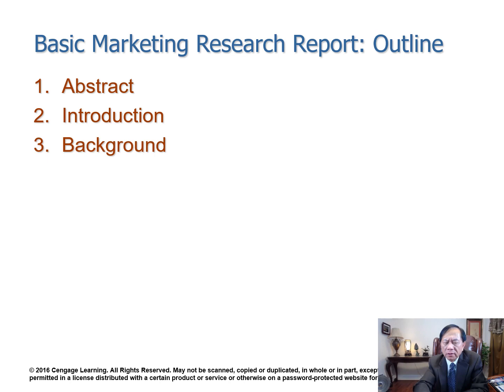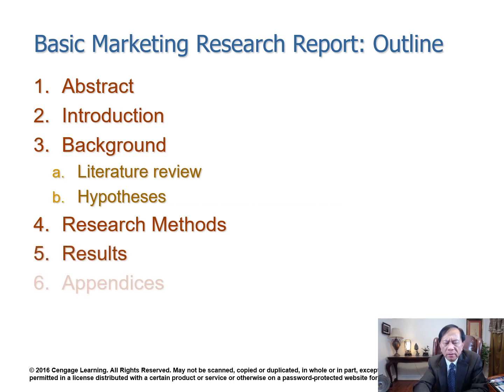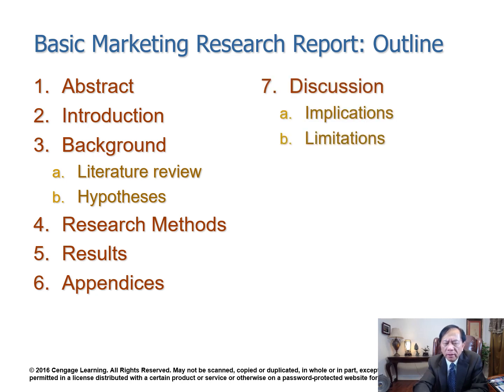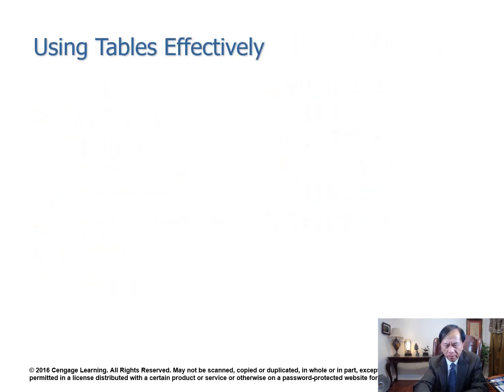Then you have the introduction, background, and literature review. We have proposed hypotheses. We need to talk about the research methods, results, appendixes, and like that. We have discussions, implications, limitations, and future research. Okay, and conclusions, references. Okay?